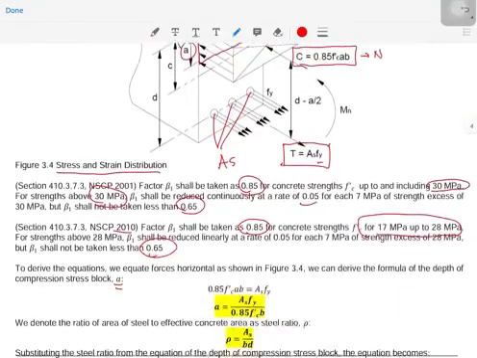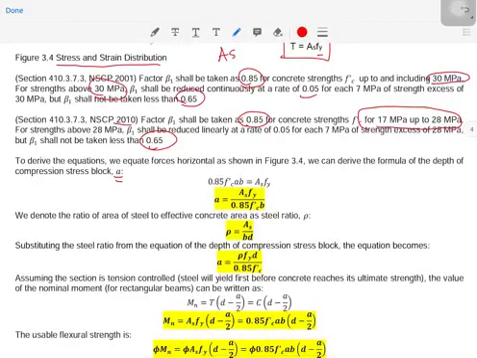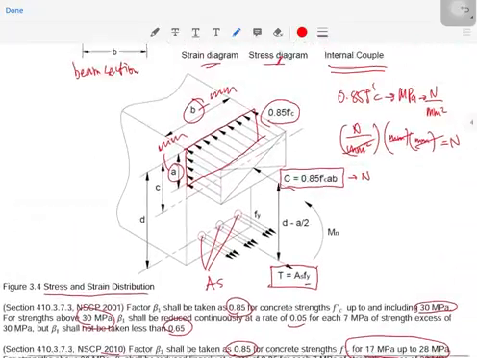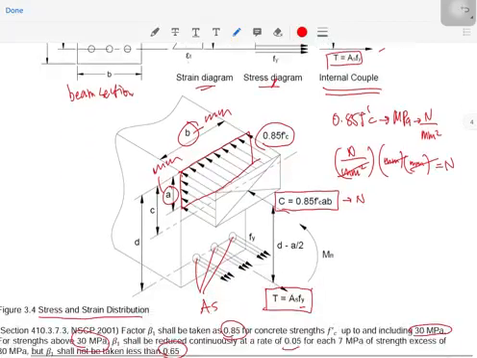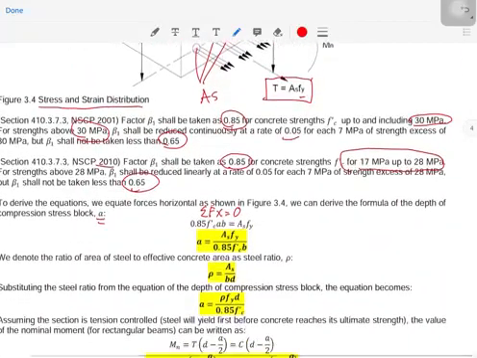Okay, so in order to derive this formula, what is used here is the summation of forces along x. If you have this x-axis and y-axis here, these are the forces involved, T and C. So C is equal to T, wherein C is 0.85 f'c a b, then T is As times fy.